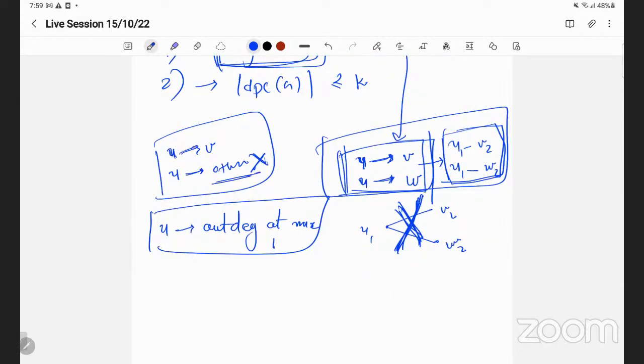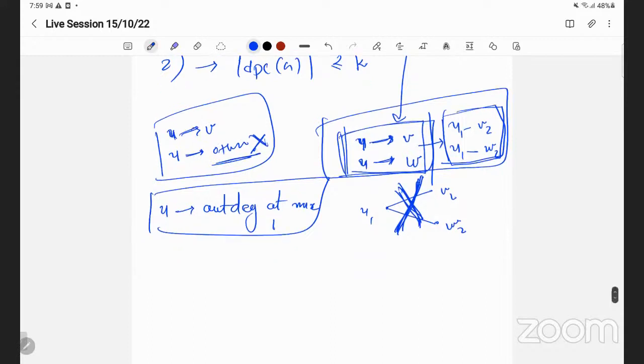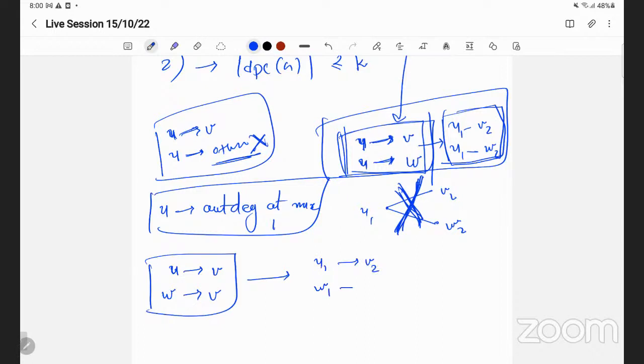Let's say another case where it might also happen, right? There is an edge from U to V and there is an edge from W to V. This will also violate the disjoint property, right? But again, with the similar argument, if this happens, we can see that in the graph G prime, there is an edge from U1 to V2 and W1 to V2, which violates the matching property, because both edges cannot be in the matching at the same time since V2 occurs on both of them.